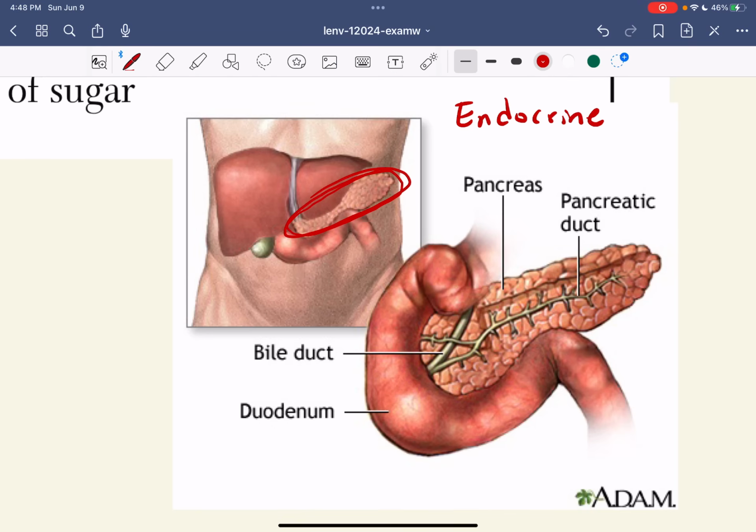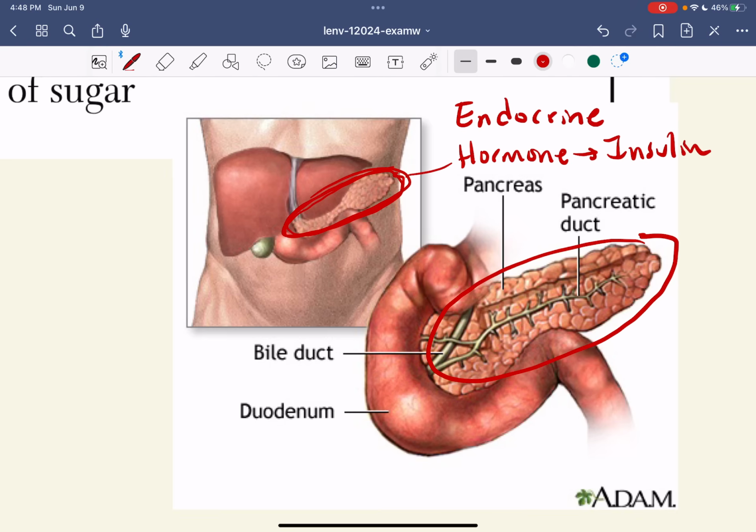So your pancreas makes a hormone called insulin. That's what it does. What does insulin do? Insulin controls sugar levels.